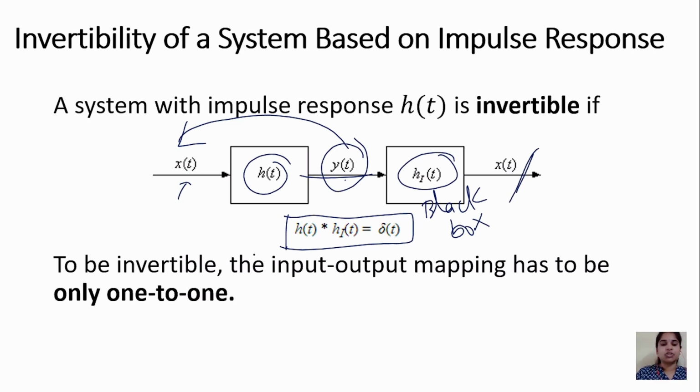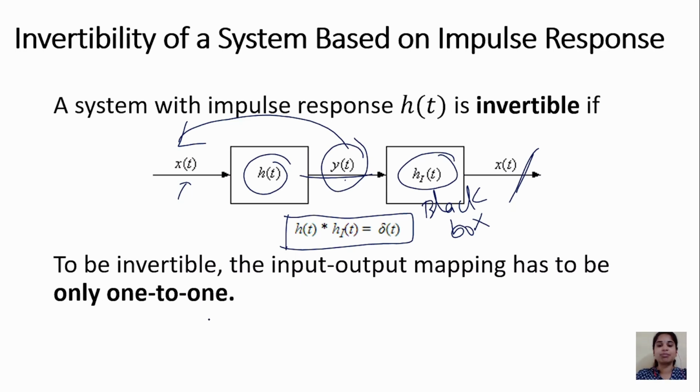The main quick check we can do is that, to be invertible, the input-output mapping has to be one to one. That is, the input should be mapped to only one output, and in the same way the output should be mapped to only one input.